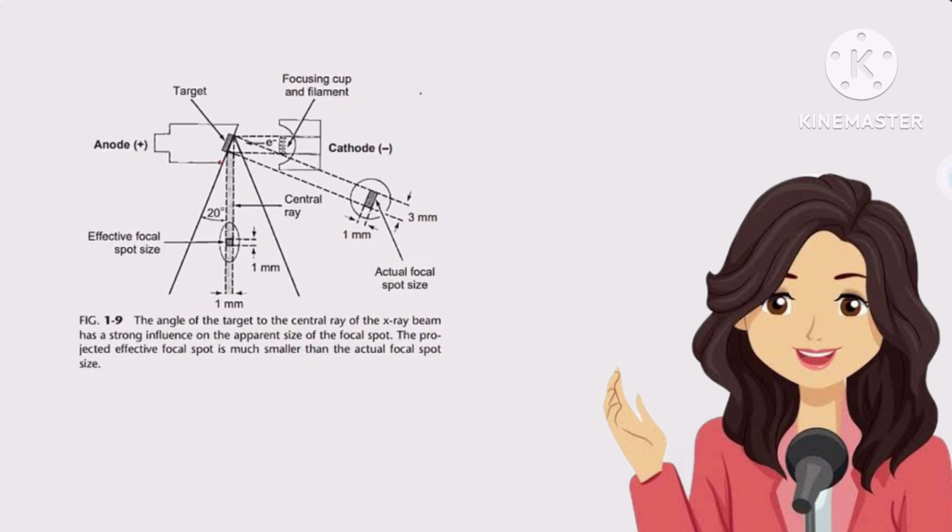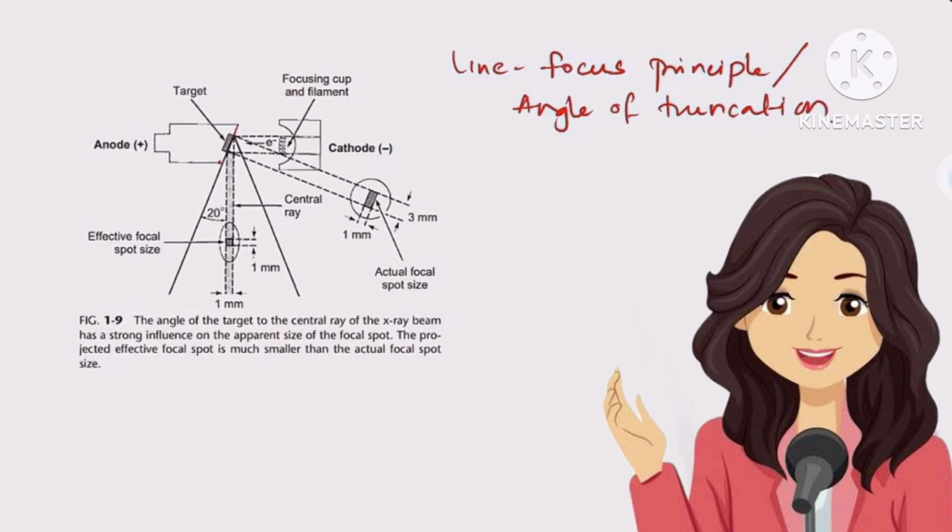Therefore, the anode is angulated to some degree, and this principle we call the line focus principle, also called the angle of truncation, or Benson's principle. Here we angulate the anode at 20 degrees.